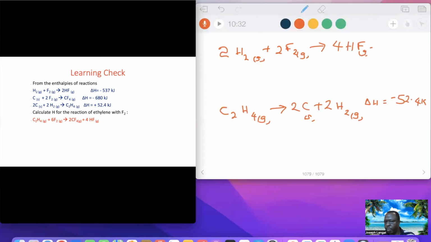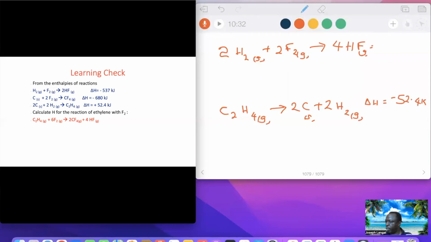And then when I multiply that by 2, 537, I have my calculator here. I need to multiply 537 times 2.